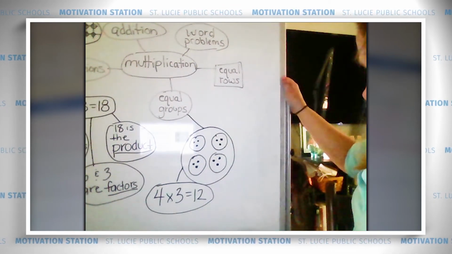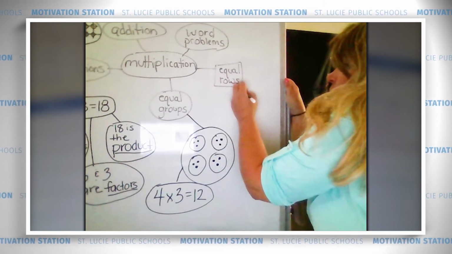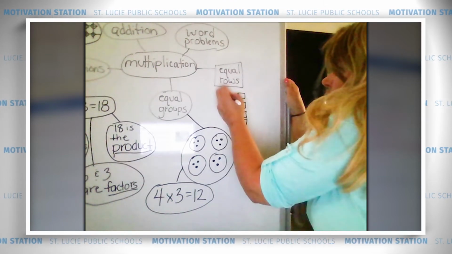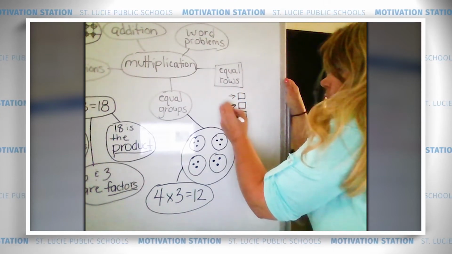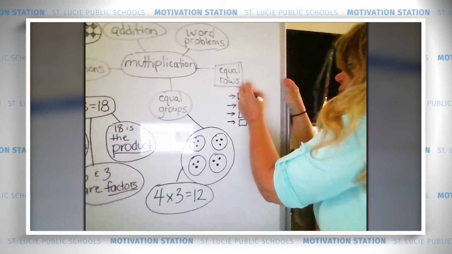Equal rows. So let's say we had 4 rows. Remember, these are rows going across. 4 rows with 5 in each row.